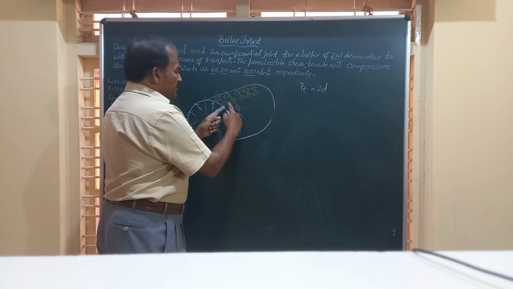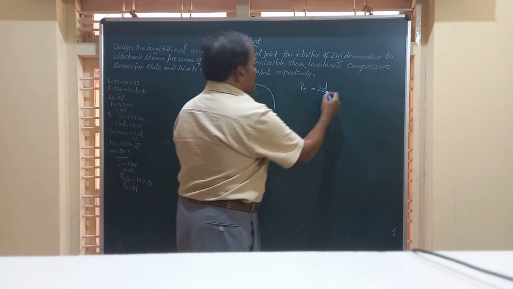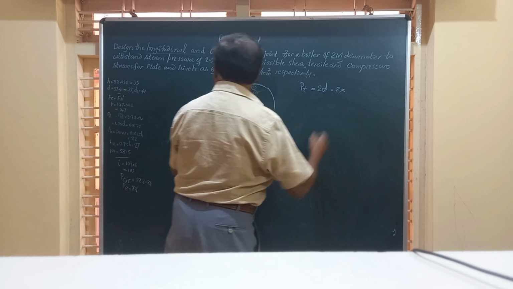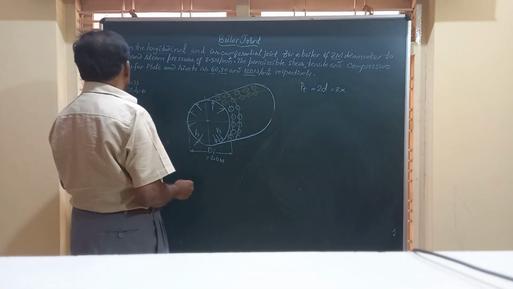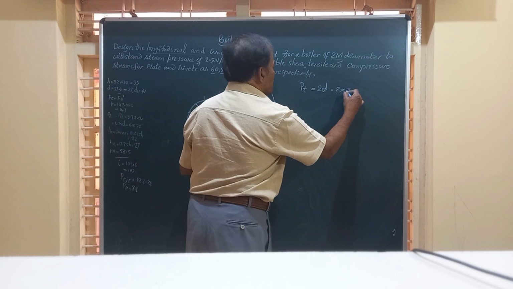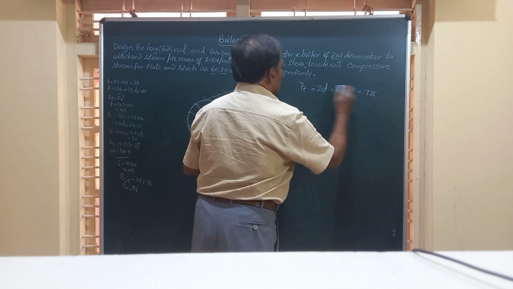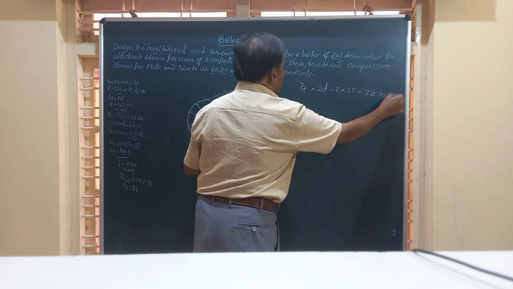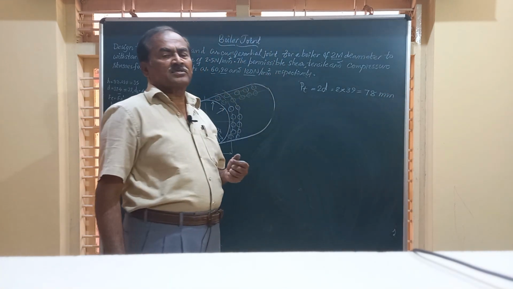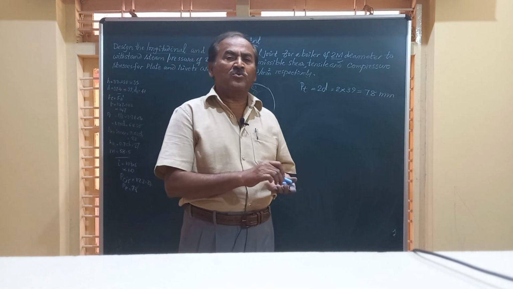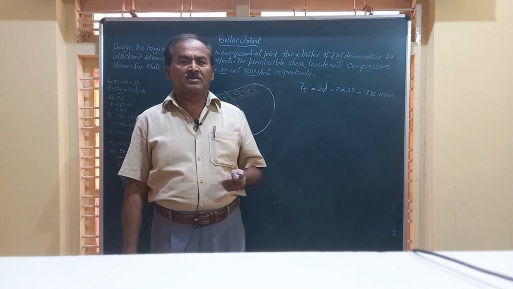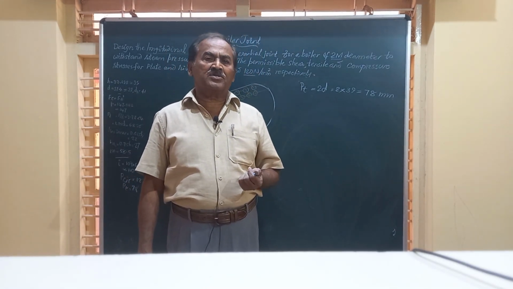There is a gap between these. 2 into the diameter of the rivet, which is about 39, that is equal to 78 millimeter. It's the distance pitch. So friends, this is how we design a boiler joint.